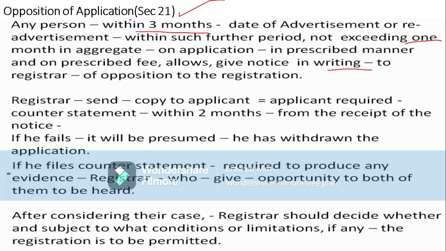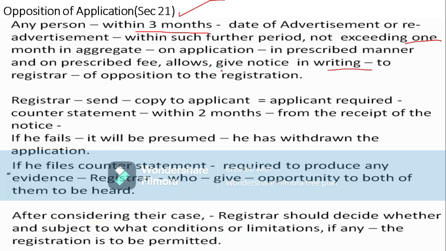the opposition to this trademark can be filed by bringing notice to the registrar. This should not exceed 1 month in aggregate; after receiving the opposition, within that time they have to pay the prescribed fee and give notice in writing to the registrar of the opposition to the registration.